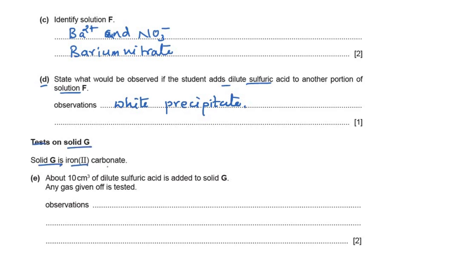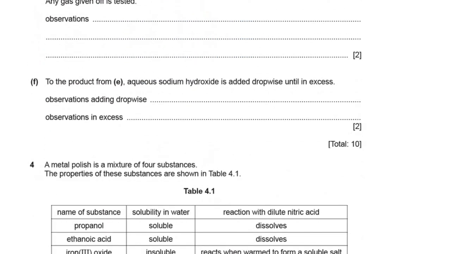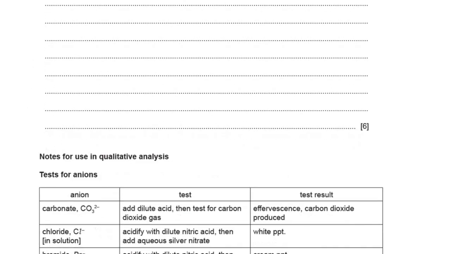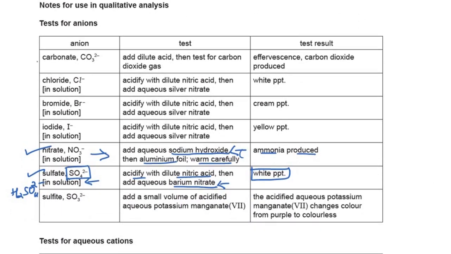Solid G is iron(II) carbonate. So we already know that the cation is Fe2+ and the anion is CO3 2-. Before we go ahead, let's check the tests for Fe2+ and the carbonate ion. For carbonate ion, in the test for anions, add any dilute acid.